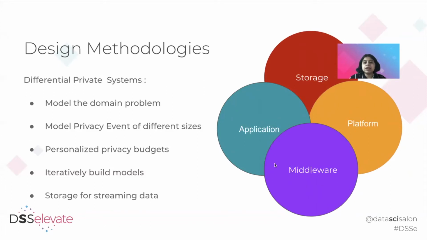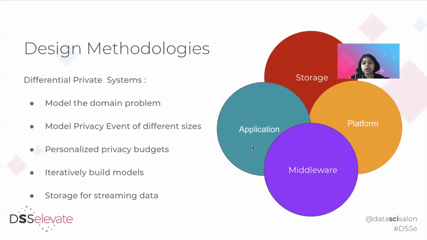When we think about end-to-end systems, where do we store the data? Of course, we incorporate differential privacy at the application level, but are the platform, storage, and middleware all abiding by the GDPR? Is the end-to-end big data processing pipeline having sufficient security and privacy mechanisms that honor differential privacy?